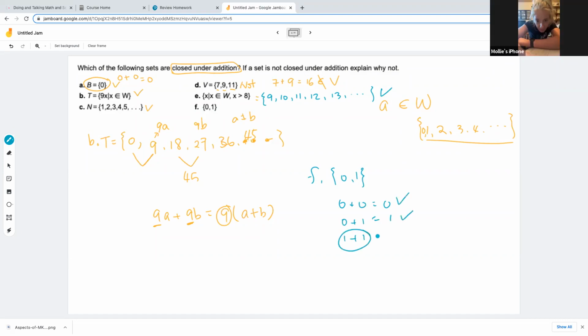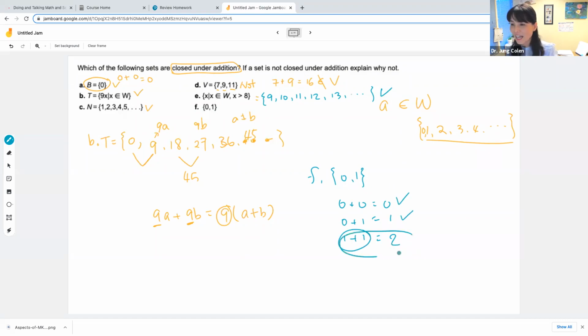How about 1 plus 1? That's 2. The 2 is not an element of that set, right? So because of that, it's not closed. And it says explain why. You can give this example: 1 plus 1 is 2, but 2 is not an element of that set. We call that a counterexample.